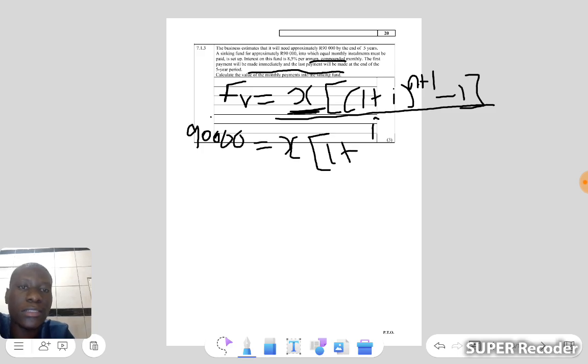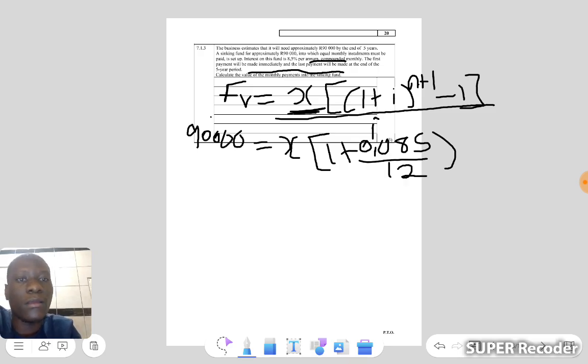So x, we'll write it as it is. 1 plus our I, this I, you have to say 8.5 divided by 100, which is 0.085, over 12. Why did we say over 12? That's what I meant when I said I will show you what compounded monthly means. When they say compounded monthly, you have to divide the I by 12.